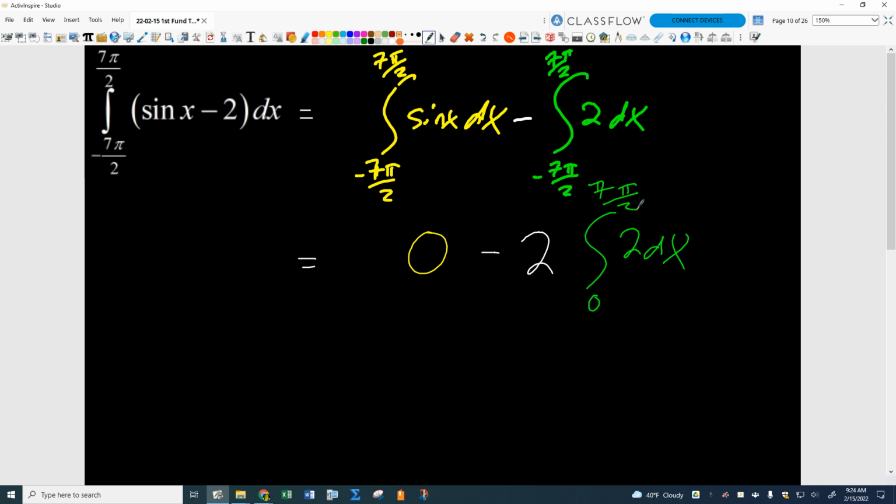What's the integral of 2 dx from 0 to 7 halves pi? Just 2x, right? Everybody get that? 2x times -2. So this is just equal to -4x evaluated from 0 to 7 halves pi, which is just -14 pi.